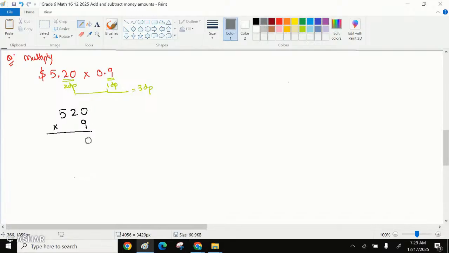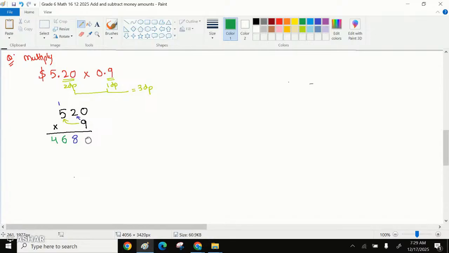That means 9 multiplied by 0 is 0. 9 multiplied by 2 would be 18. We keep 8, we carry a 1, right? And what is 9 multiplied by 5? 9 multiplied by 5 is 45, plus 1 is 46.